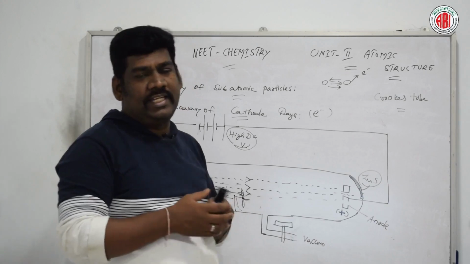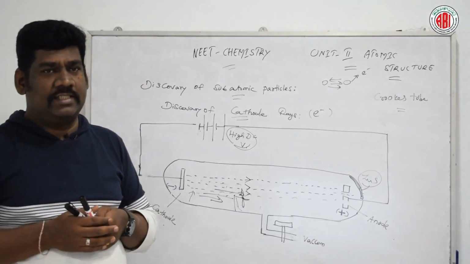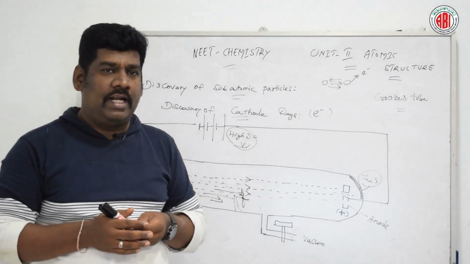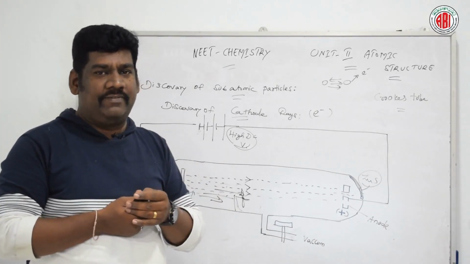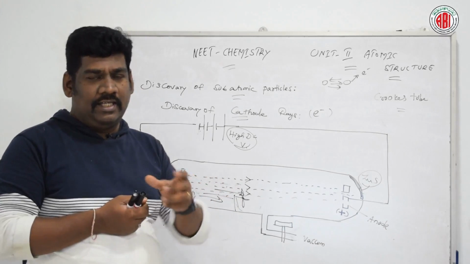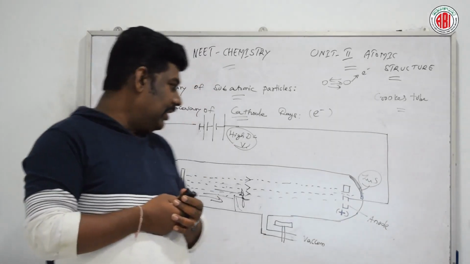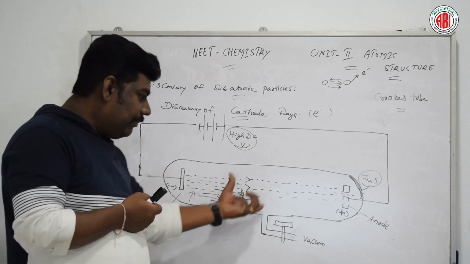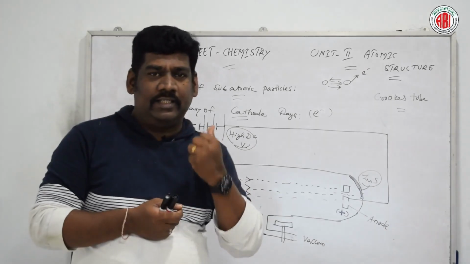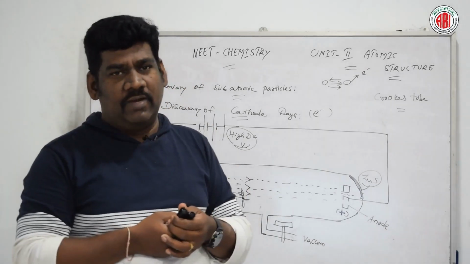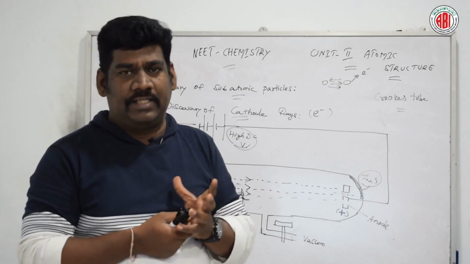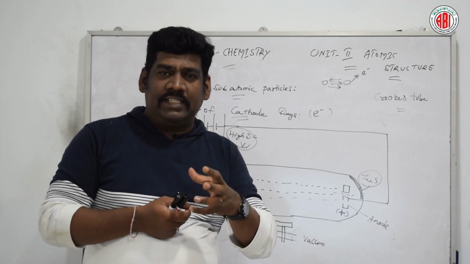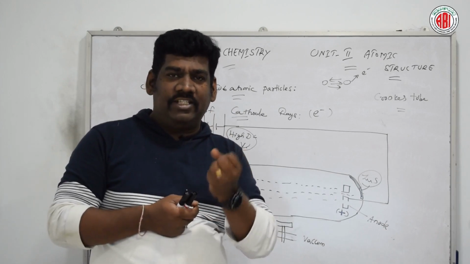Okay. Next characteristic feature: when we apply an electric field or magnetic field, as I said already, beside the cathode rays, what happened? The rays started to deflect, and the rays are expected to be negatively charged particles.